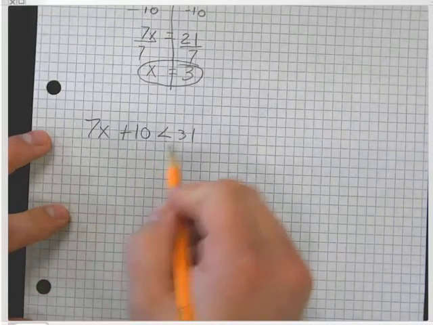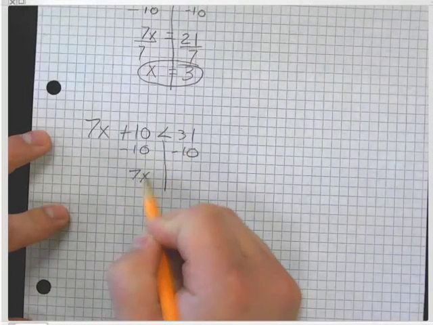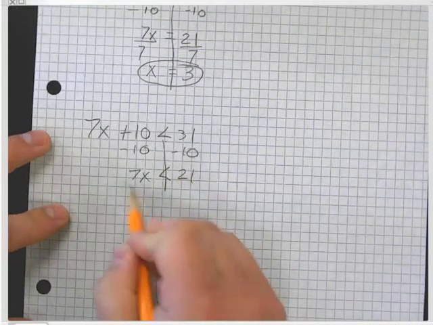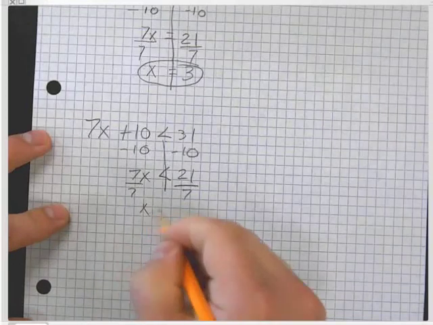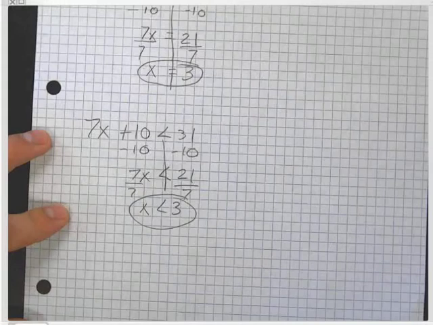Alright, so you would still get rid of your friends first. Keep the sign the same. 21 divided by 7. Just like you did up top. X is less than 3. So the inequalities work exactly the same as the equations for the most part. There's one example as to when they're not the same.